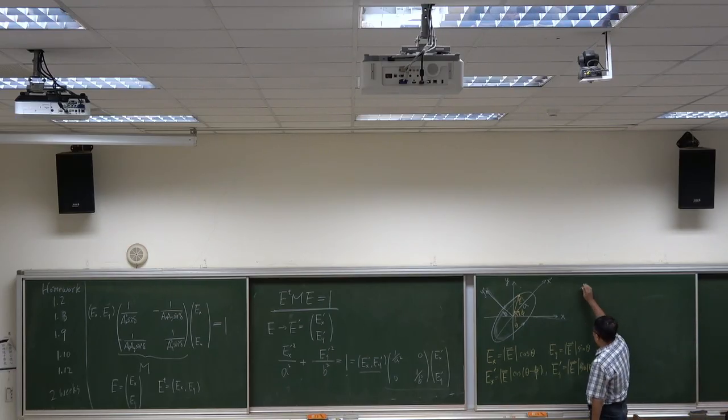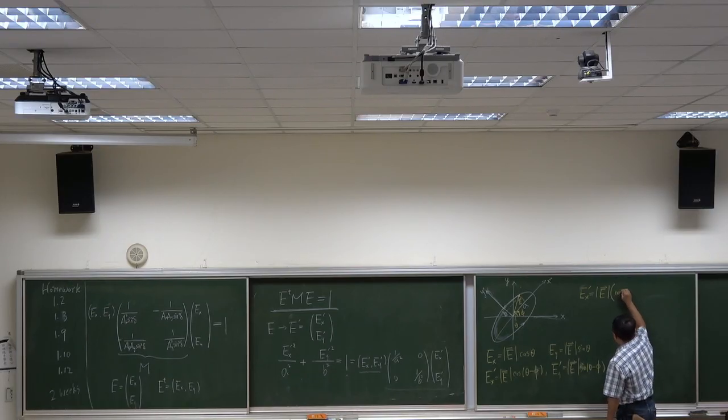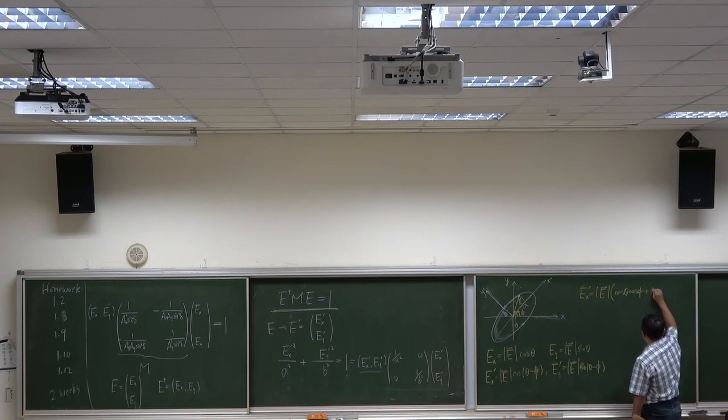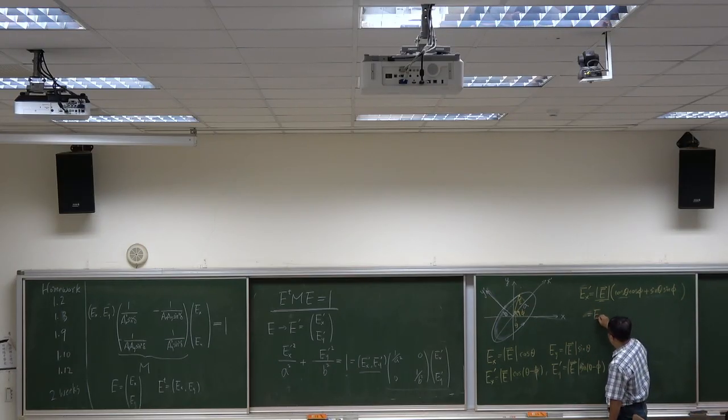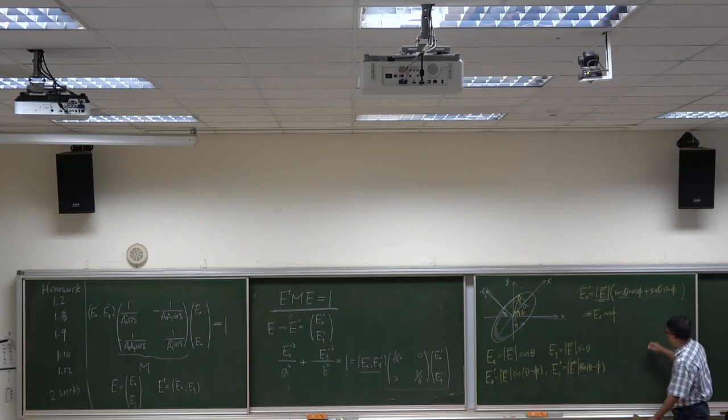So this means that Ex prime is the magnitude of E times cosine theta cosine phi plus sine theta sine phi. However, E times cosine theta is Ex. And E times sine theta is Ey.